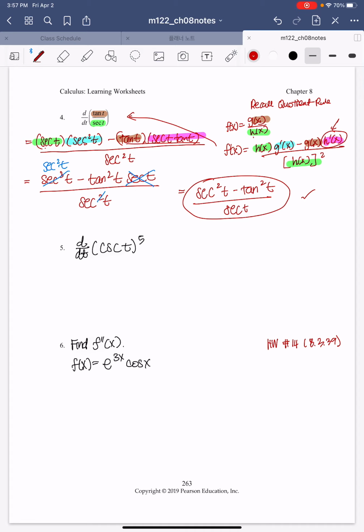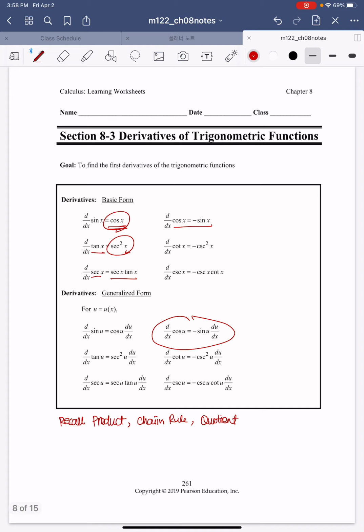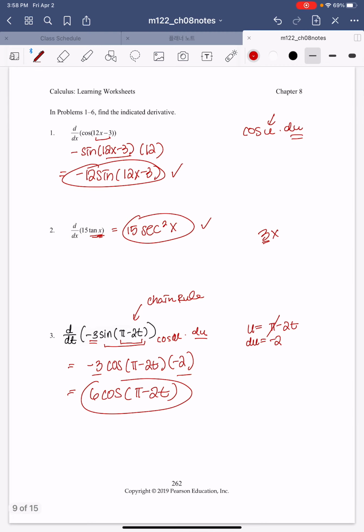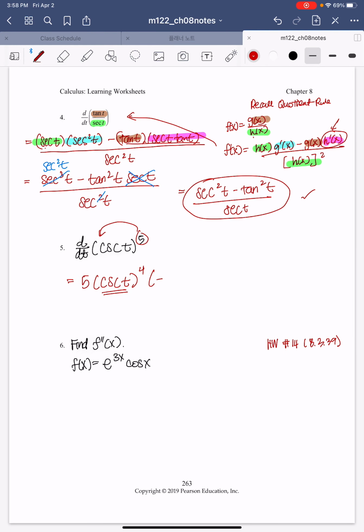Let's keep going. Number 5, we have something raised to a power, so I'm going to use the power rule. Recall, we bring down the power, so that's 5 cosecant t to the 4th power, subtract 1 from the exponent, and then take the derivative of cosecant t. The derivative of cosecant t is negative cosecant t cotangent t.